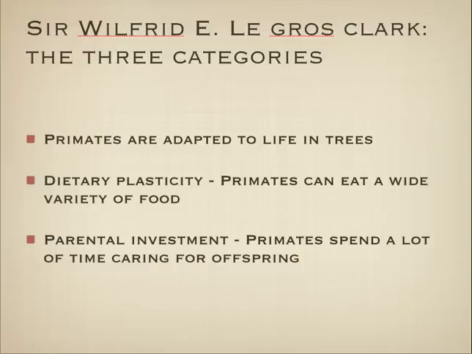But the three main categories of what qualifies primates are that they are adapted for life in trees, they have a dietary plasticity, and they have a high degree of parental investment. So adapted for life in trees provides some unique anatomical features, as well as dietary plasticity. Parental investment is more of a behavioral trait, and we'll talk about that in just a bit as well.